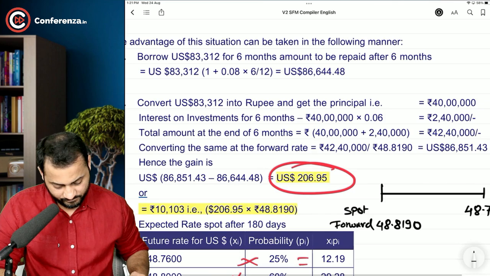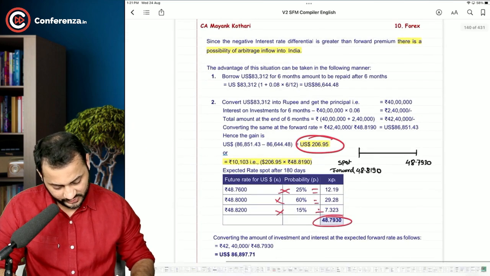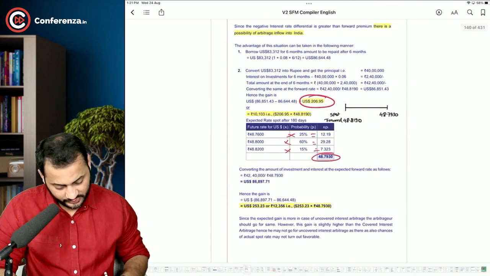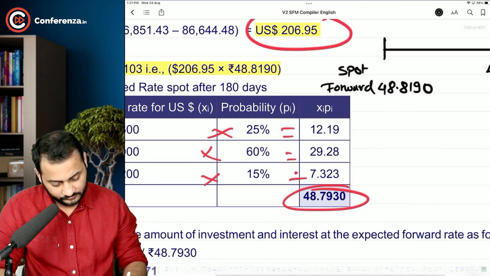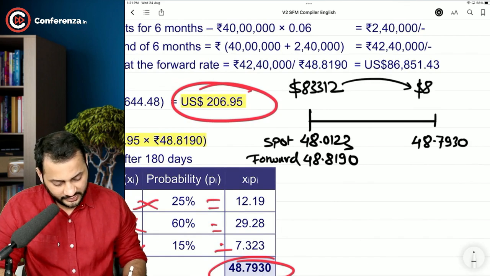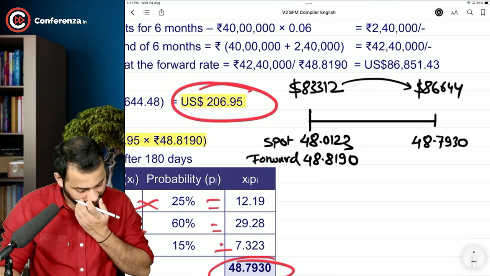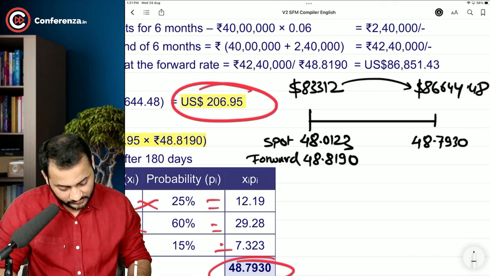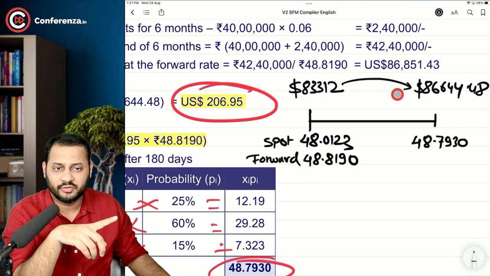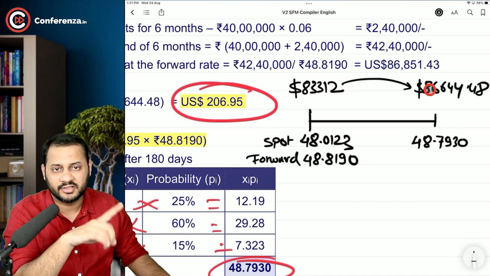And what is the spot rate today? 48.0123. So I'm talking about those dollars that you have borrowed, 83,312. Along with interest, it will become 86,644.48. Am I right? Since we have borrowed the dollars today, it is for sure that you are going to make the payment along with the interest on that date.